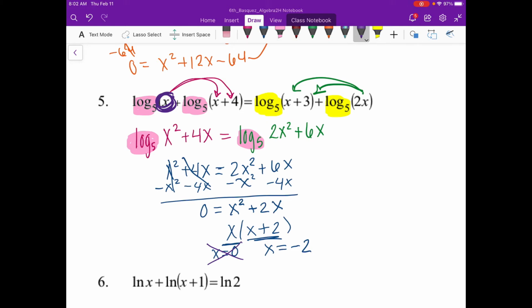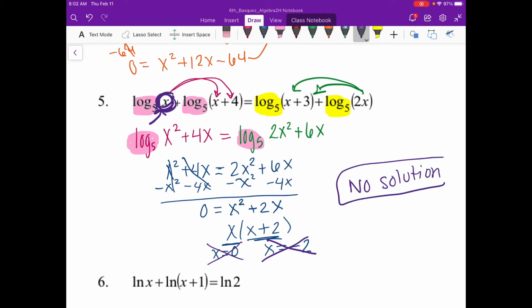If I substitute in this negative 2 into that first term, because there's nothing else, not like a plus 5 that would cancel it out and make it not negative, that's also not going to work out. So this one comes out to be no solution, because both of the answers we got make the log term either 0 or negative.